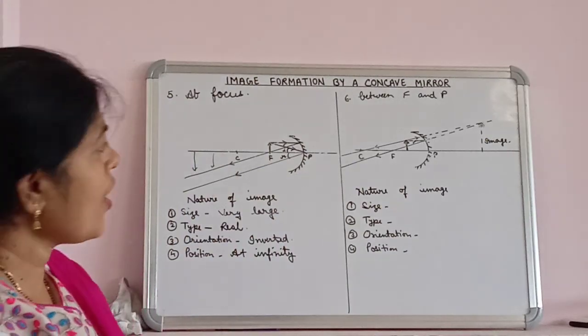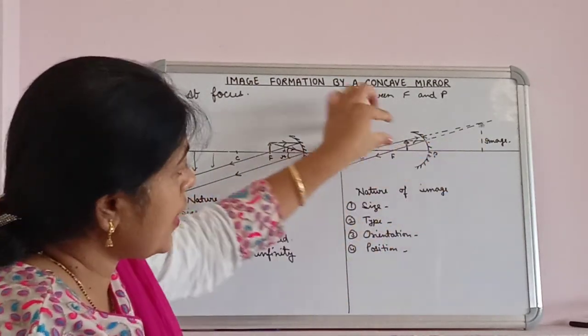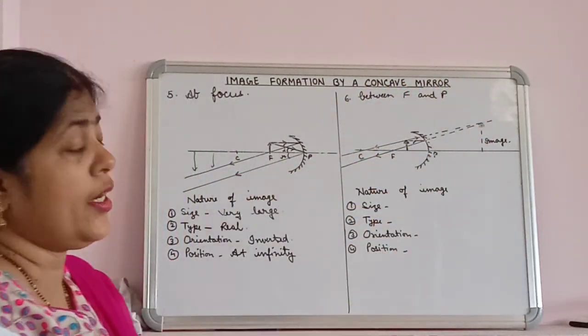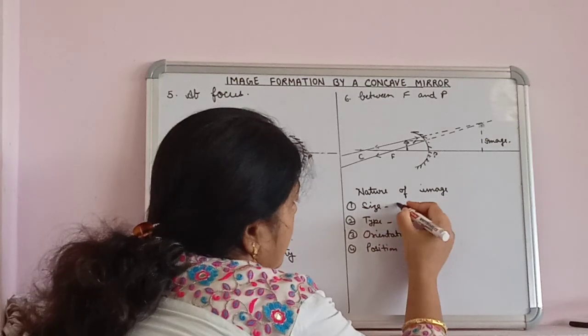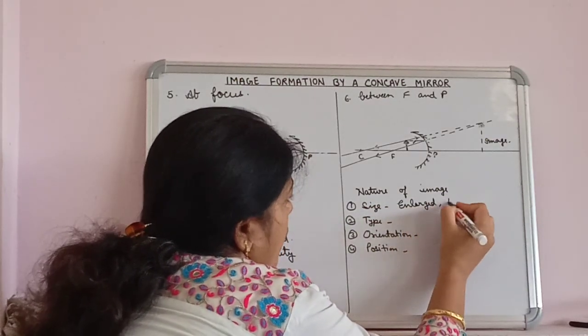Okay. So you can easily compare the size of the image. See, this is the object and the image is bigger. So it is enlarged or magnified, we can write.